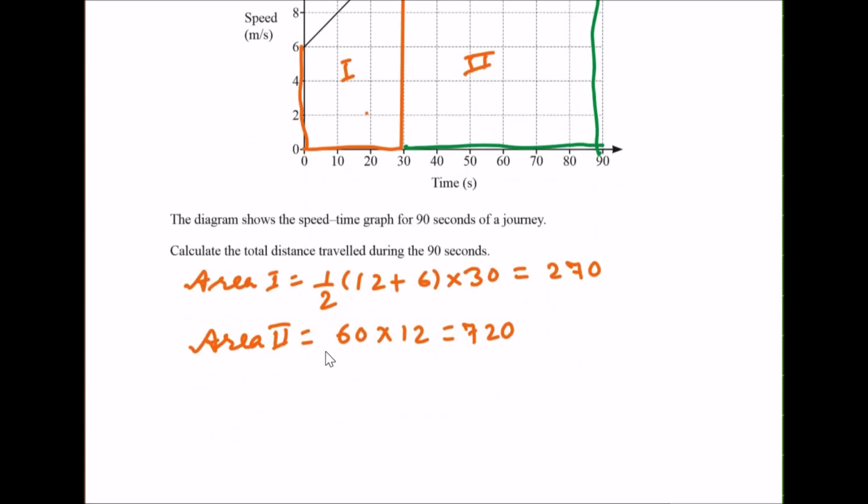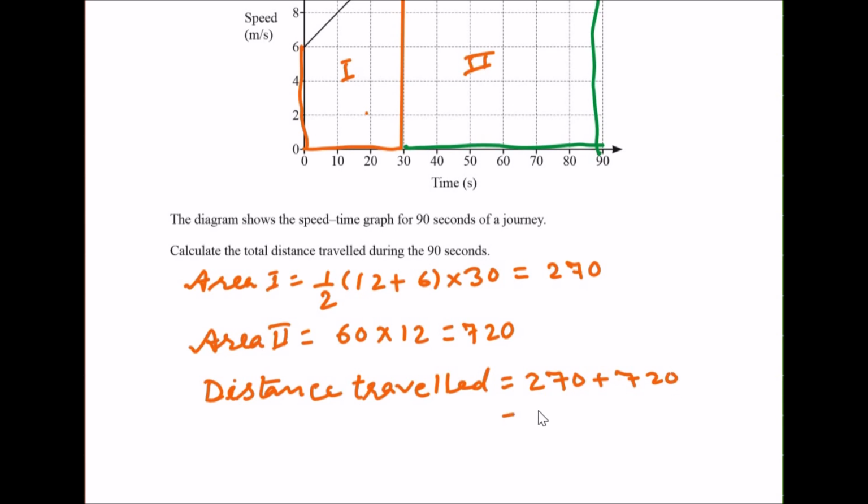So distance traveled is equal to 270 plus 720, that is equal to 990.